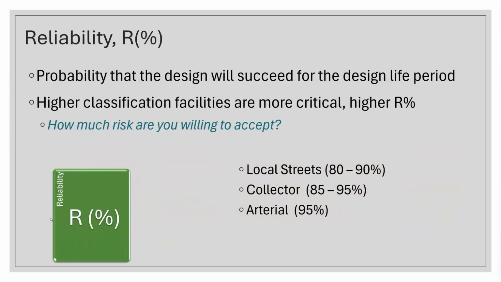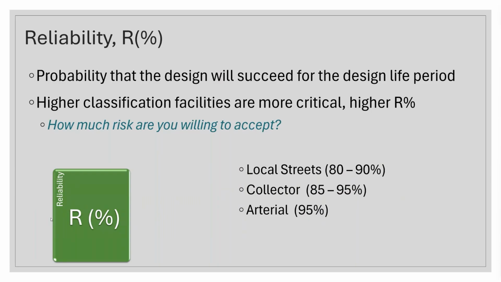Let's look at each one of these a little bit more closely. Reliability is a number that describes the probability that the design is going to succeed for the period that I've chosen for the design life. If it is a very high classification roadway, I mean in terms of traffic levels, and if you look at your breakdown of the streets, we're going to have local streets, collectors, and arterials.